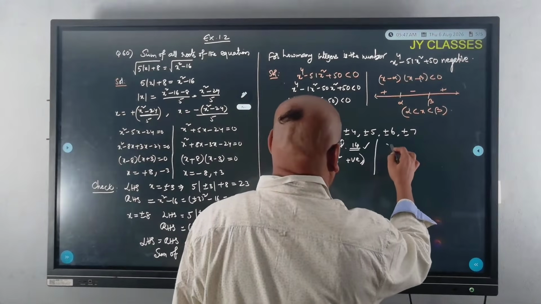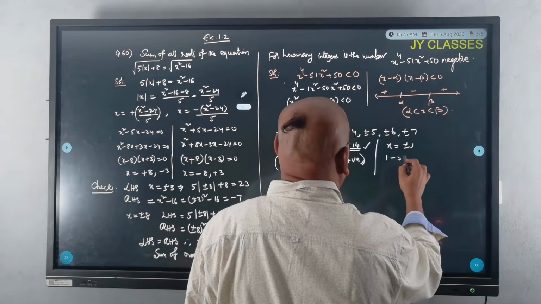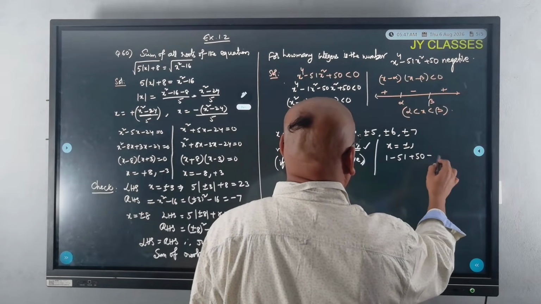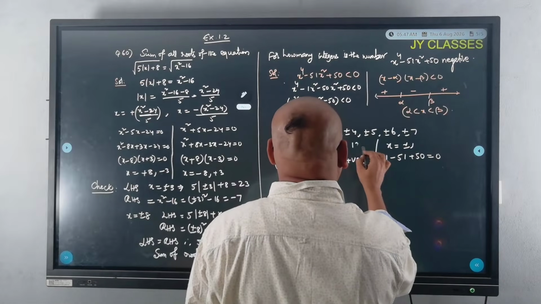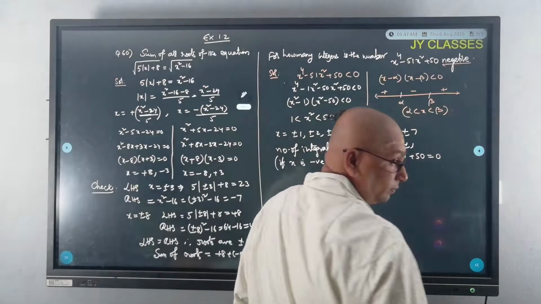See, one sub here x is equal to plus or minus 1. 1 minus 51 plus 50 equal to 0. So therefore, there are 12 solutions because it must be negative.